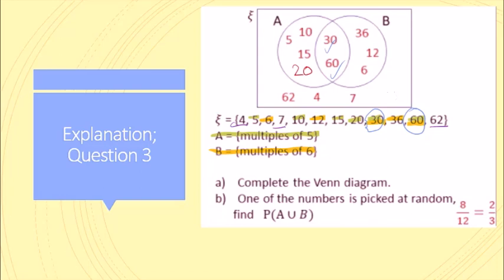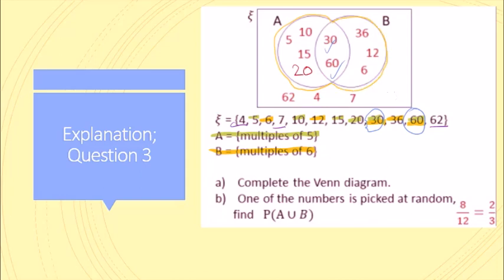Okay, so using that information, I can then answer the question in part B. One of the numbers is picked at random. What's the probability that it is A or B? So if you remember, A or B is everything that is in both of the circles.